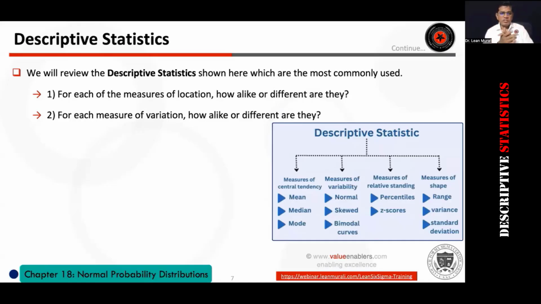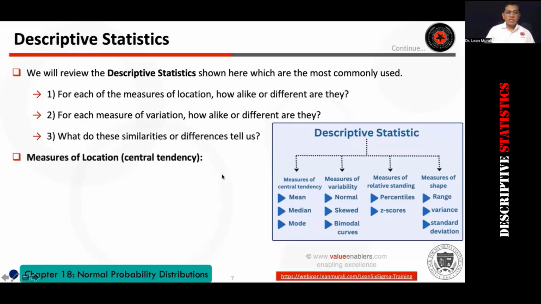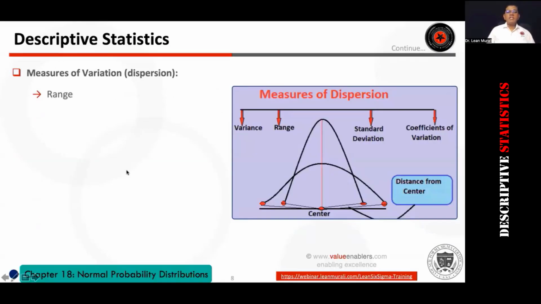It's the central tendency. Measures of variation means the spread. How alike or different are they, and what do the similarities or differences tell us? Measures of variation are range, interquartile range, standard deviation, and variance.